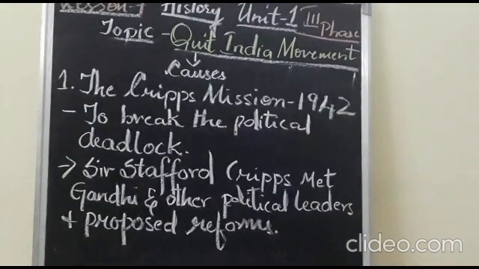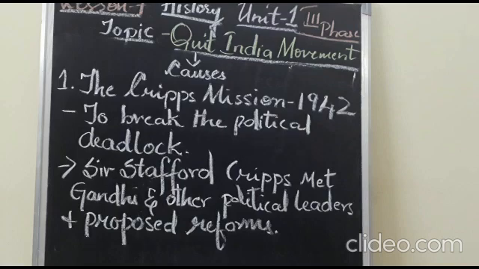Now let us know what were the causes that led to the Quit India Movement. The Cripps Mission, which came to India in the year 1942, had come here to break the political deadlock, and his name was Sir Stafford Cripps, who met Gandhiji and other political leaders to propose reforms.